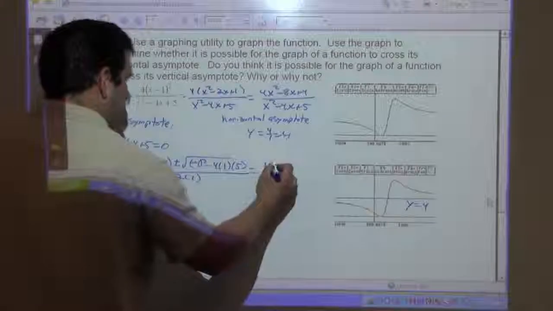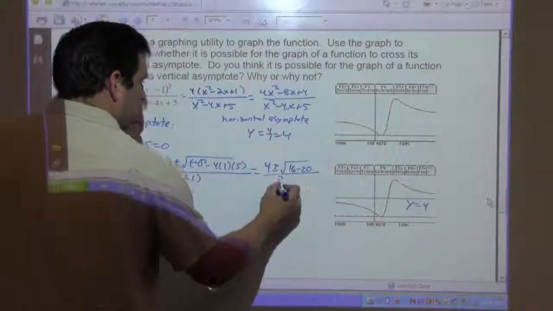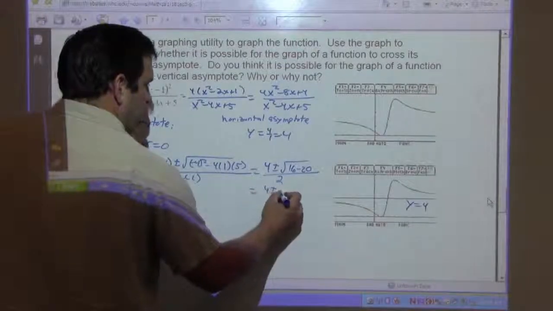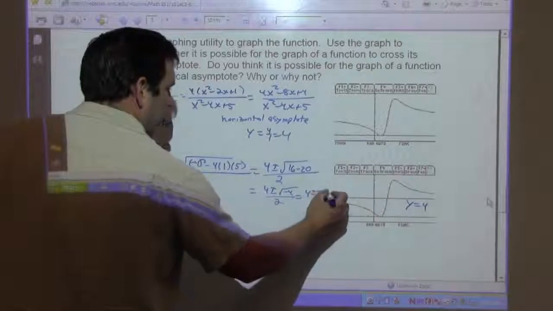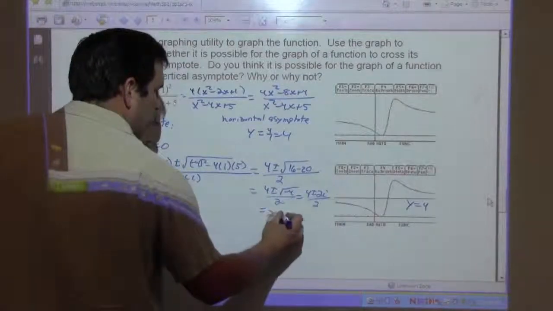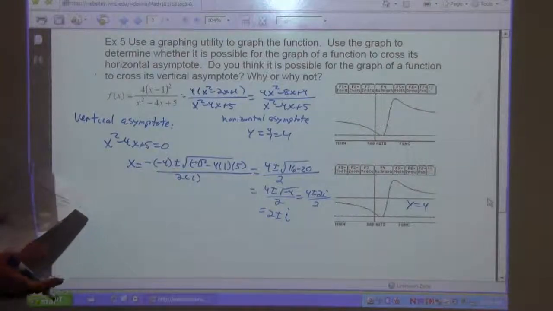This is going to be 4 plus or minus the square root of 16 minus 20 over 2. That's 4 plus or minus the square root of negative 4 over 2. 4 plus or minus 2i over 2. So it's 2 plus or minus i. Now that's not real, so there's no vertical asymptote.